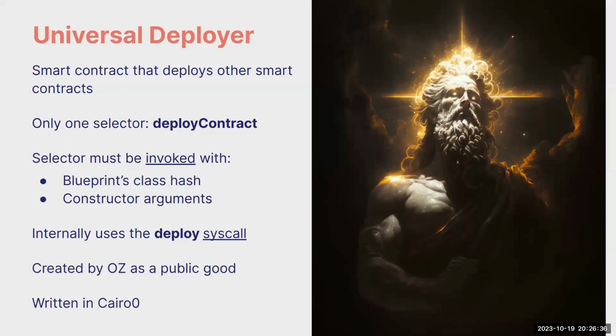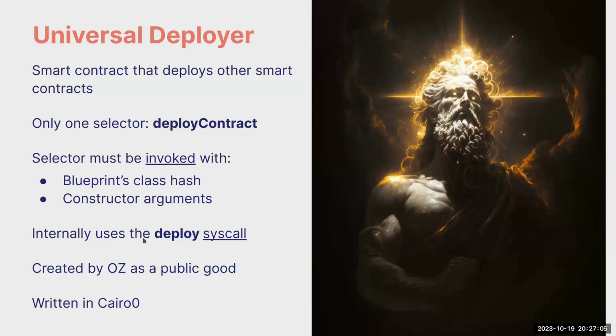This UDC, universal deployer, helps us deploy our contract. It is a smart contract that deploys other contracts and uses just one selector, deploy contract. The selector must be invoked with the blueprint class hash and constructor arguments. We are going to see what blueprint class hash means in the next slide.